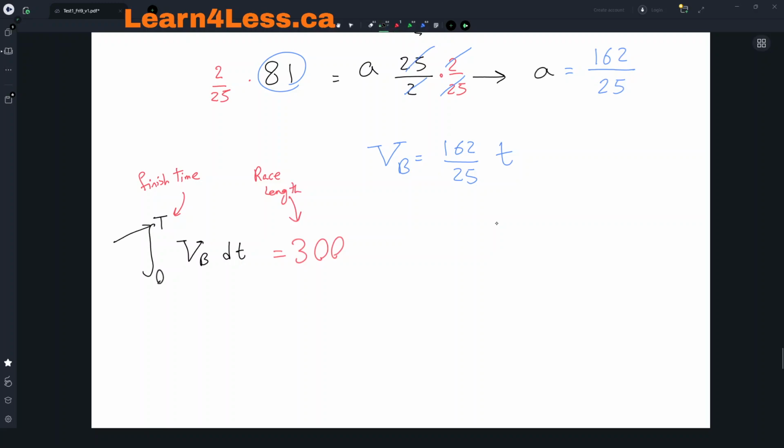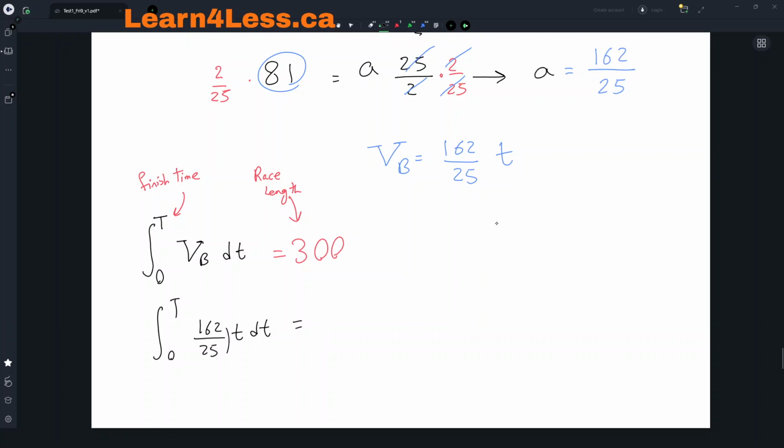So now the question is what this t is. So let's take this integral. We already have that integral. Let me just do it again. 0 to t, 162 over 25 dt.